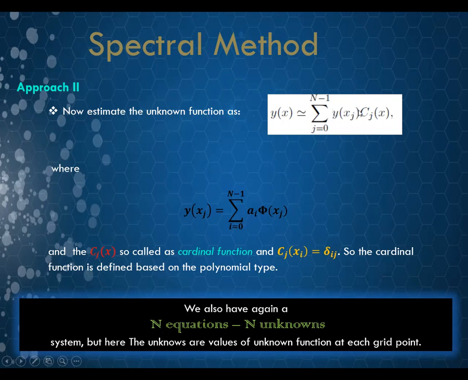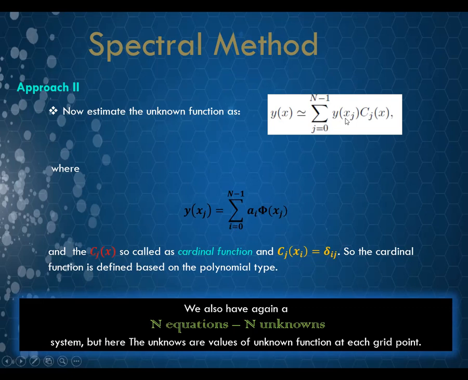Instead of the unknown coefficient series ai, we use the value of y at xj and replace the polynomial with a function cj that I talk about more later. y at xj is based on the polynomial you used for the expansion of your unknown function, defined as this summation on ai phi xj, and cj is the so-called cardinal function, defined based on the polynomial you used in the way that cj at xi is equal to delta ij.